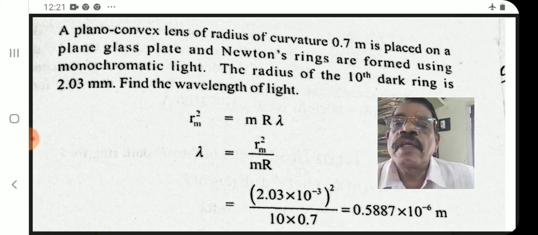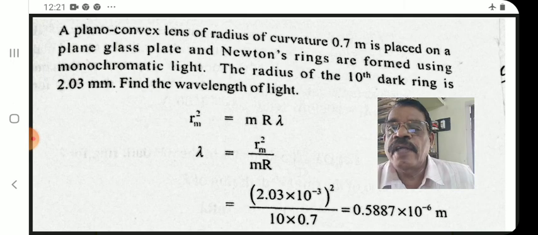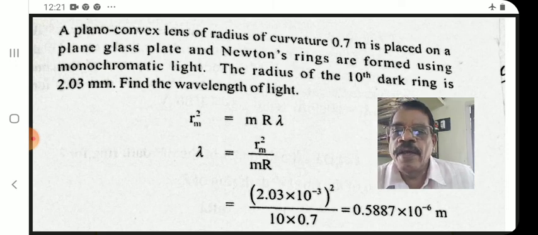And here also the ring given is the 10th dark ring. So the dark ring equation, r n is root of n R lambda, or r n square is equal to n R lambda. You write n or replace all m by n.